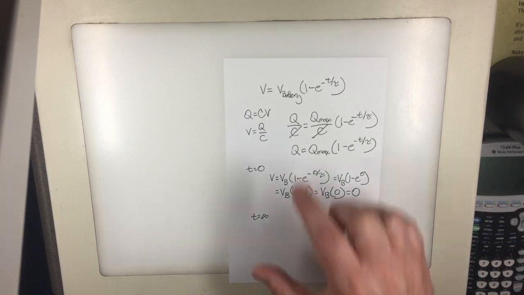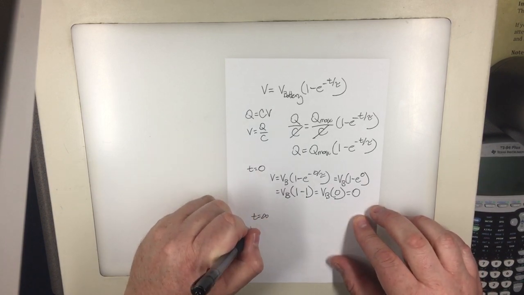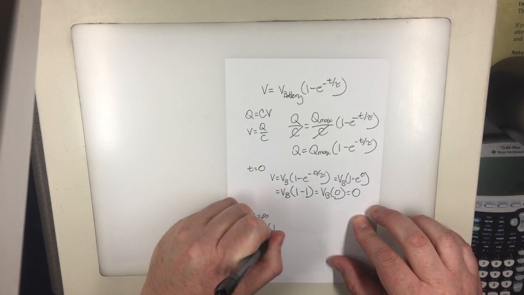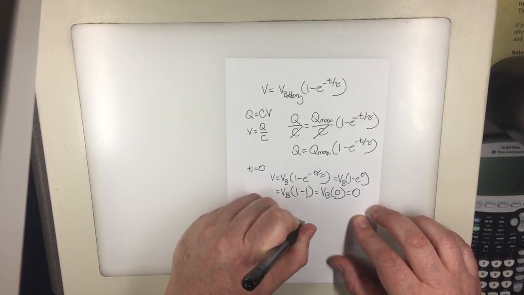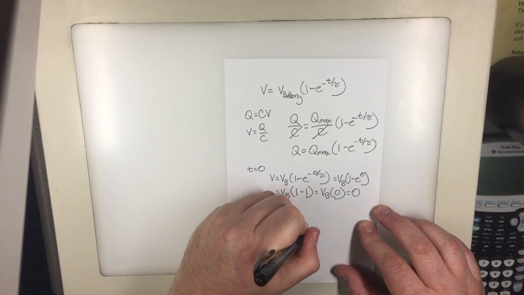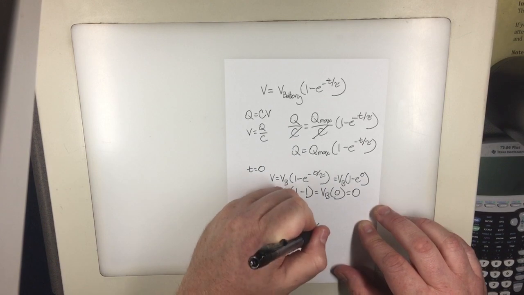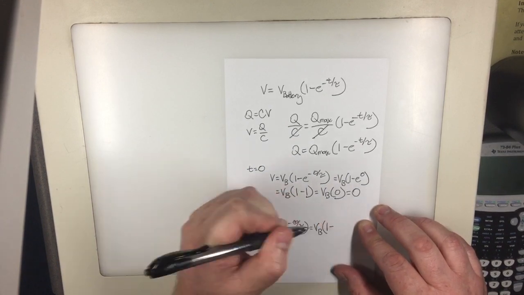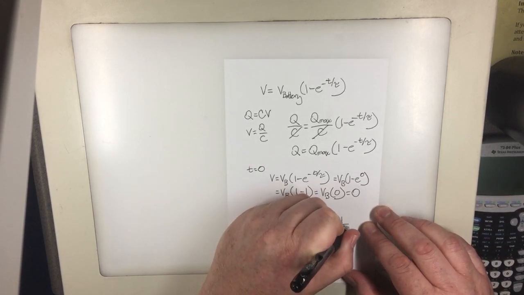So at time 0, this particular equation will give the value of 0, which is what you expect for a completely uncharged capacitor. For time equal to infinity, this becomes V equals VB 1 minus e to the negative infinity over tau. I'm going to switch this to VB, 1 minus 1 over e to the infinity over tau.